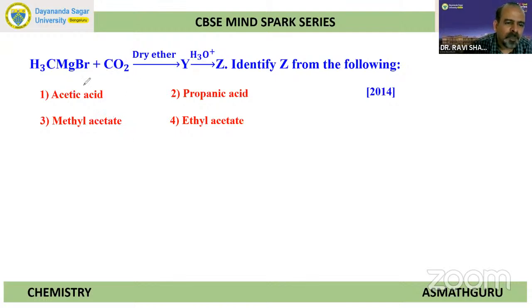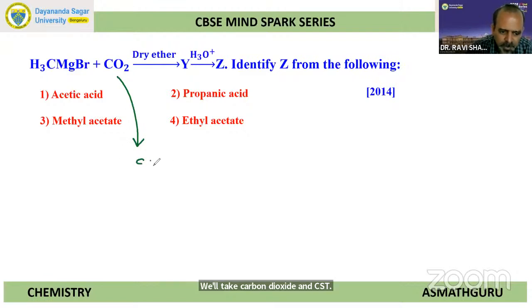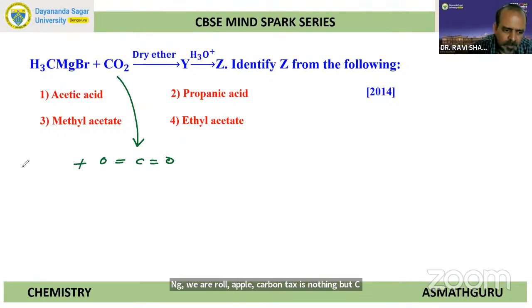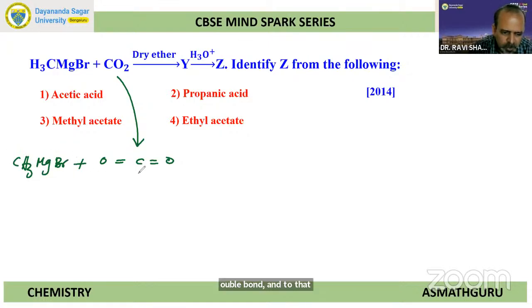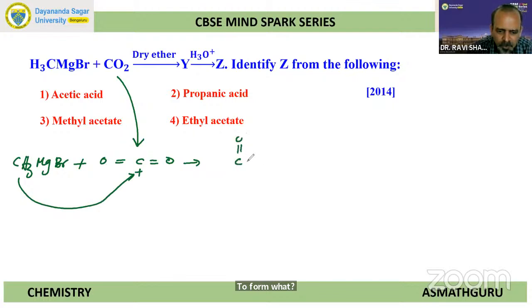Already I told you, we discussed this in the preparation of carboxylic acid. When you take carbon dioxide and CH3MgBr, what will happen? Carbon dioxide is C double bond O, and to that you add CH3MgBr. Carbon has a positive charge, so CH3 will attack it. It becomes C double bond O with CH3.